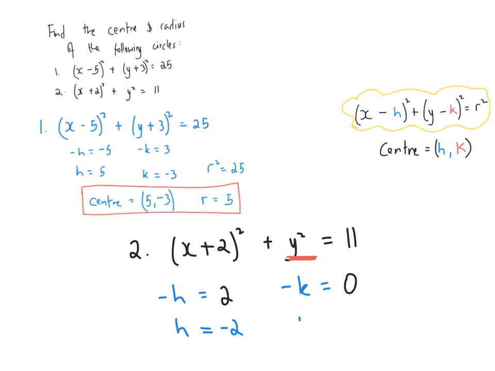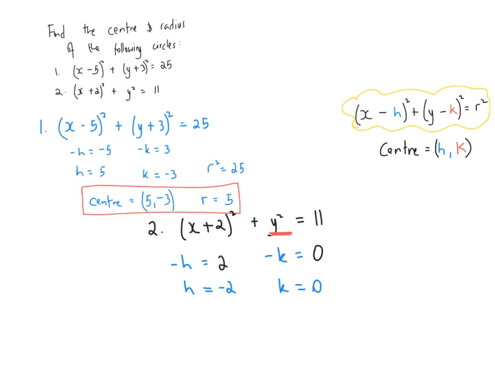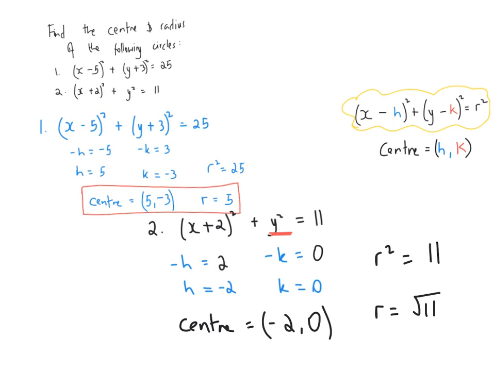So likewise then k is equal to 0. And so the center of this circle will be minus 2 comma 0, and also then we have our radius, r squared is equal to 11, so our radius is equal to the square root of 11.